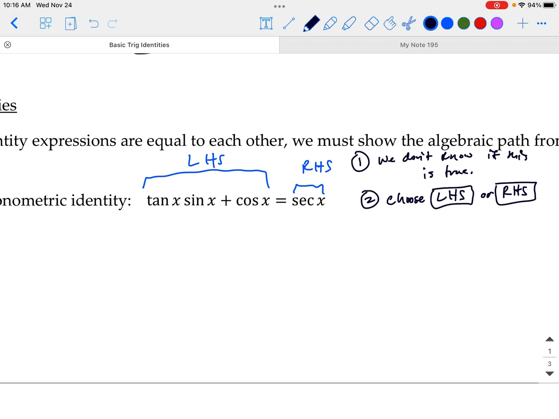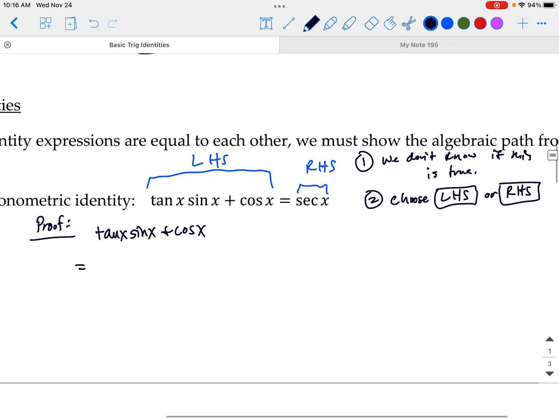So for this proof, we're going to choose the left-hand side. So I'm going to rewrite that. For our proof here, we'll rewrite tangent x sine x plus cosine x. So this is my starting point for my proof. And now we're going to want to change this expression in a way that allows us to show that it's equivalent to secant.